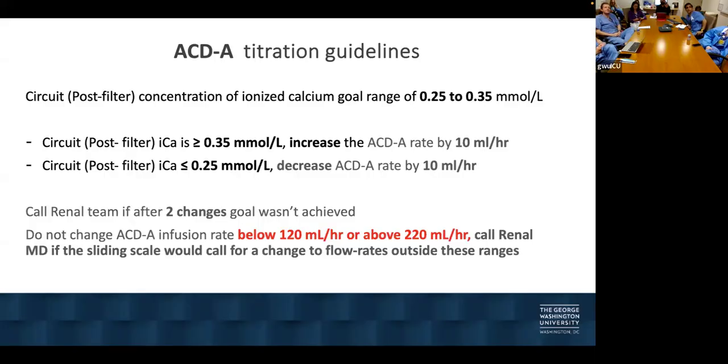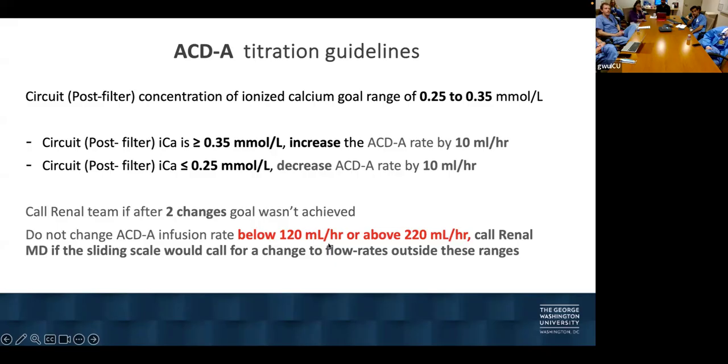So these are guidelines you have to remember. It's in Cerner, the nurses are looking at it, they have to actually print it. They're going to check the ionized calcium, making sure the post-filter one is between 0.25 and 0.35. If they make changes by going up on the citrate and do not achieve the goal after 2 changes, they have to reach out to the MD. There's a hard stop at 120 and 220 of citrate.